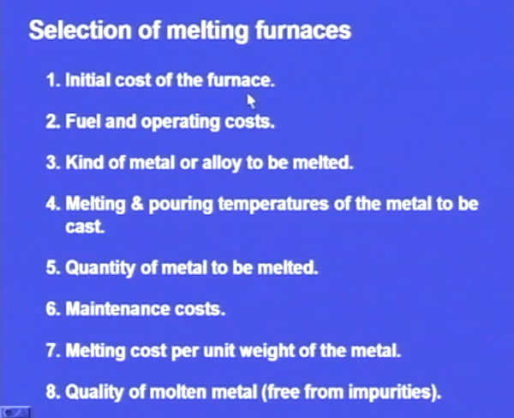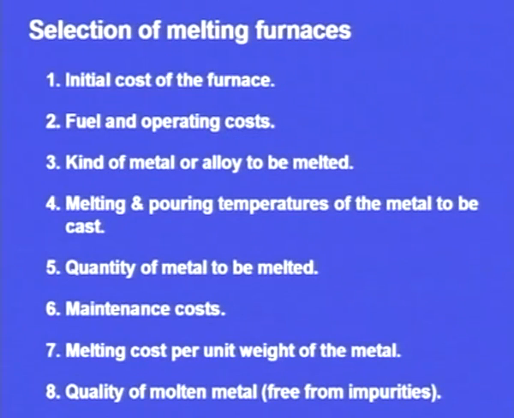What is the initial cost? The cost of different furnace is different. The budget, keeping the budget in view, we have to decide. Crucible furnace may be the cheapest. On the other hand, induction furnace is very costly, arc furnace is very costly. So keeping the cost of the furnace in mind, we have to choose.